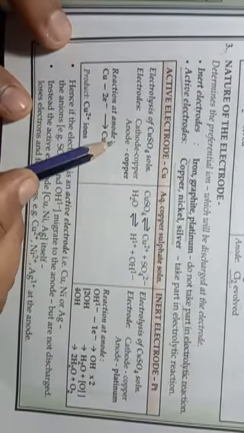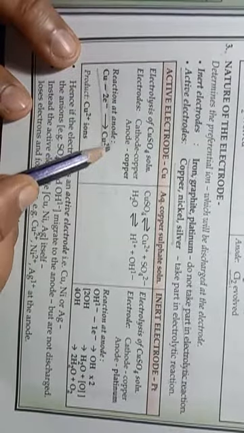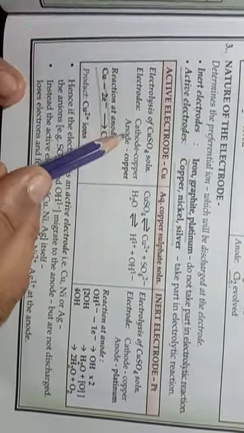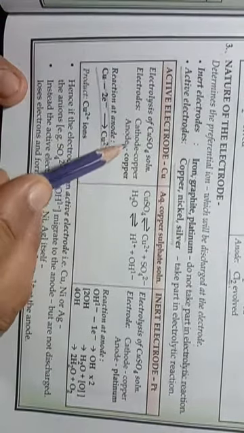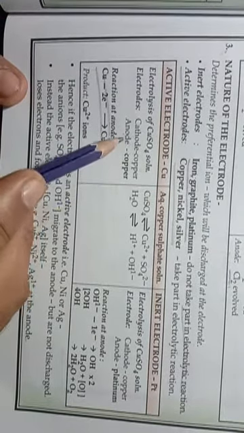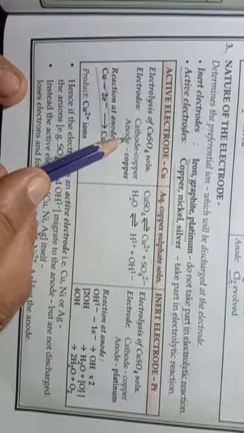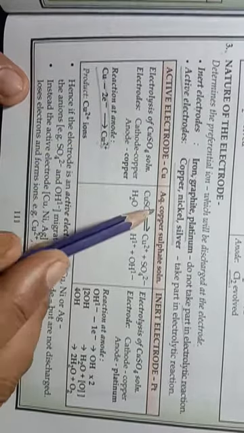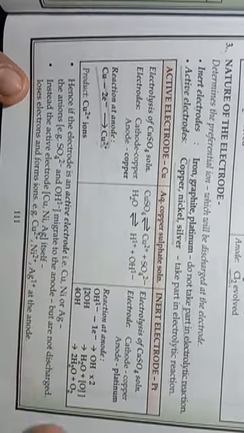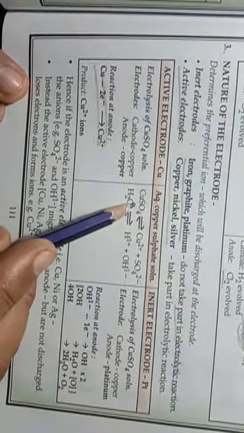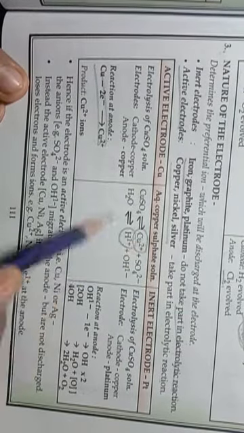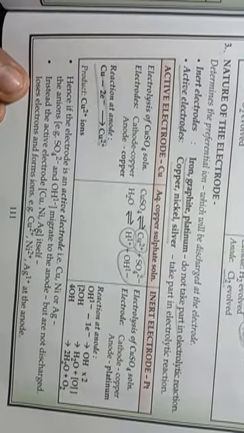Then the reaction at the anode will be this, and the product will be Cu2+ ion. Because the anode is copper, it will take part in the electrolytic reaction and produce copper ions. Okay students, aqueous copper sulfate solution will produce two types of positive ions and two negative ions.